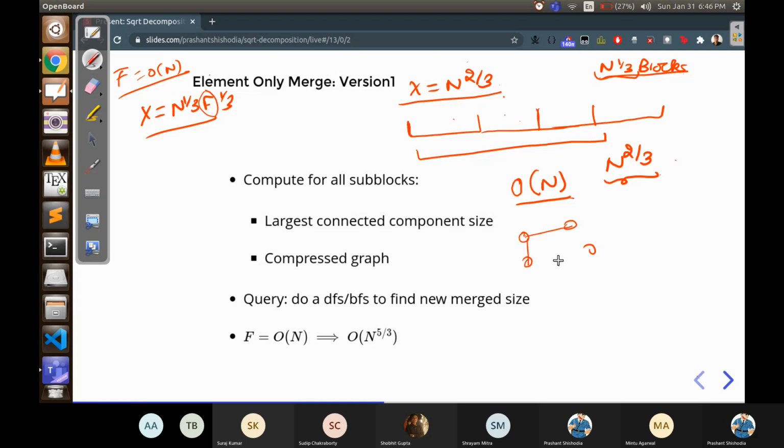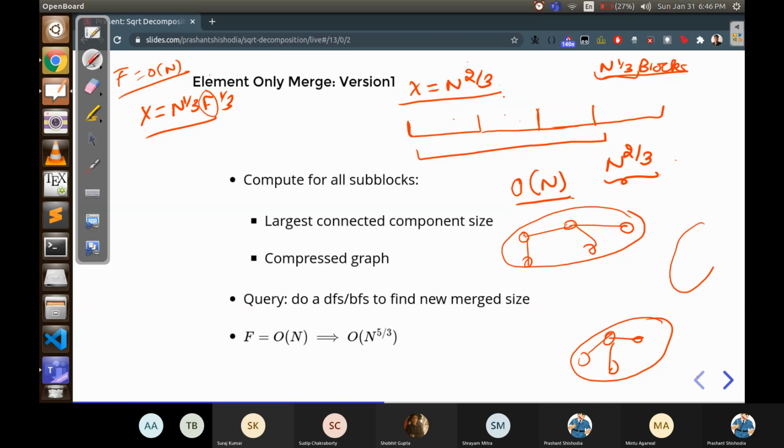It's not the usual graph, but if all these vertices are in the same component, then I'll store them as a single node. So each connected component is an independent node, right? And I'll store for each vertex which node, which component, it belongs to. So what I am storing is a compressed graph.